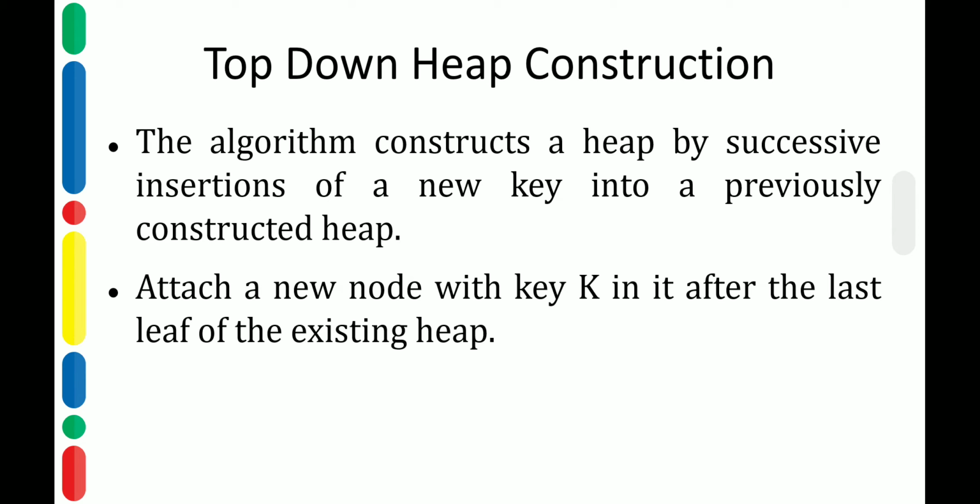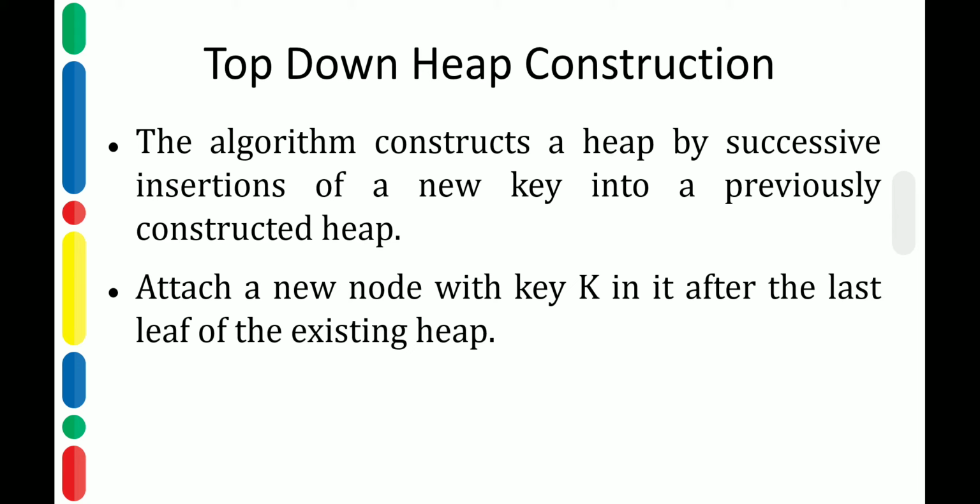Now let's look at the alternate way, which is the top-down heap construction. In the bottom-up approach, we included all the elements in the input order and then readjusted them, or heapified them. In the case of top-down heap construction, we create a heap by successive insertions. We start with an empty heap, we insert the first element, then the second element, and so on.